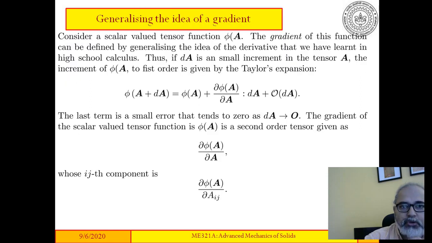We have to generalize the idea of a gradient. So let us try to do that by taking the example of a scalar valued function of a second order tensor.